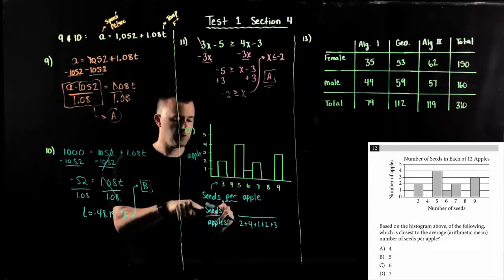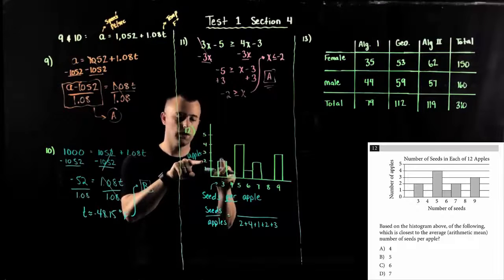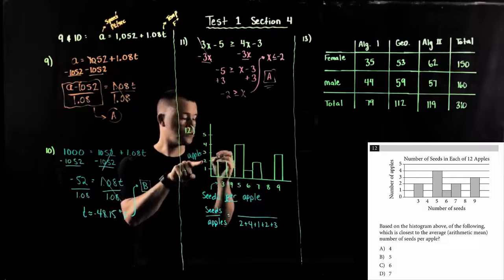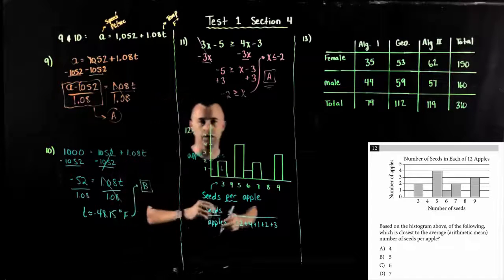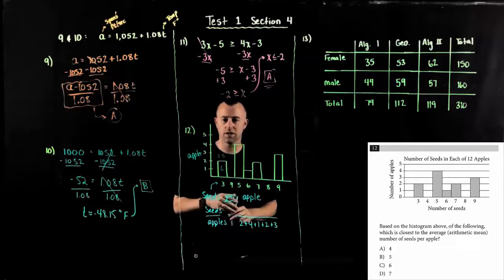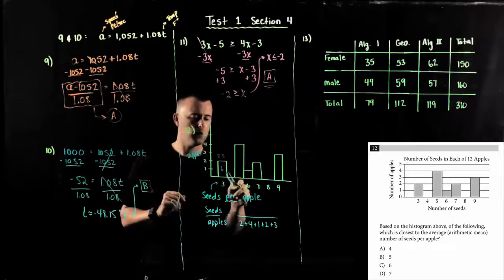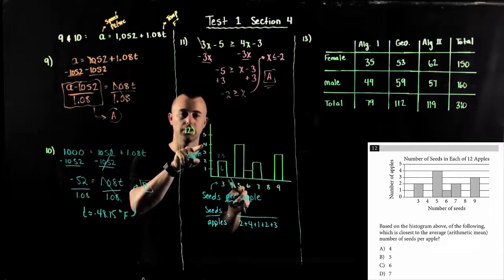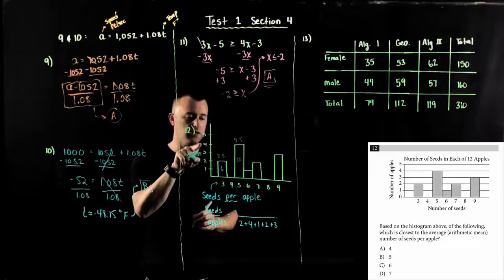To figure out how many seeds we have in total, we take 2 apples times 3 seeds per apple. So 2 times 3 gives us 6 seeds for this first bar. Over here I have 4 apples that give me 5 seeds each, so 4 times 5 gives me 20 seeds.